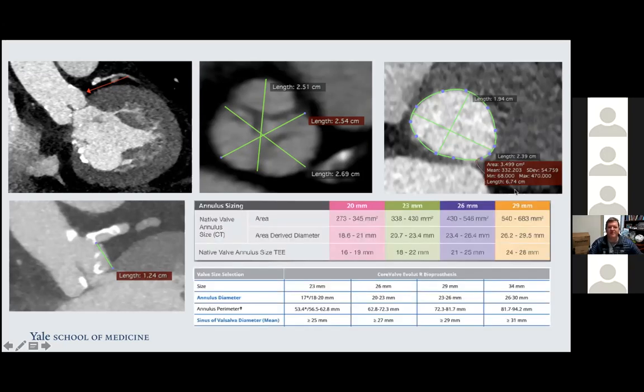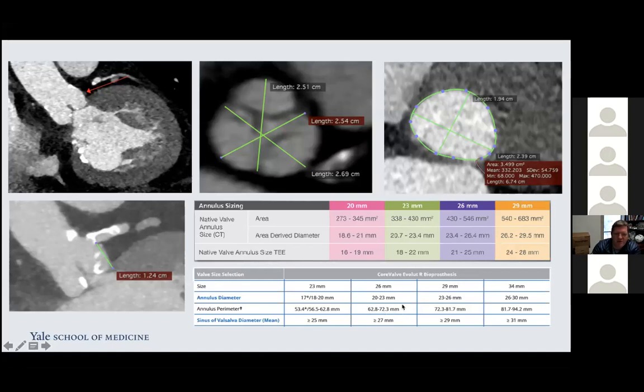And so when we think about sizing these valves, and this is an important thing to note, at the top here is the sizing for the Sapien or the Sapien 3 valve, and at the bottom here is the sizing for the Evolut valve. And it becomes a little bit confusing because for the Sapien valve, we use sizing based off of area, and for the Evolut valve, we use sizing based off of perimeter.